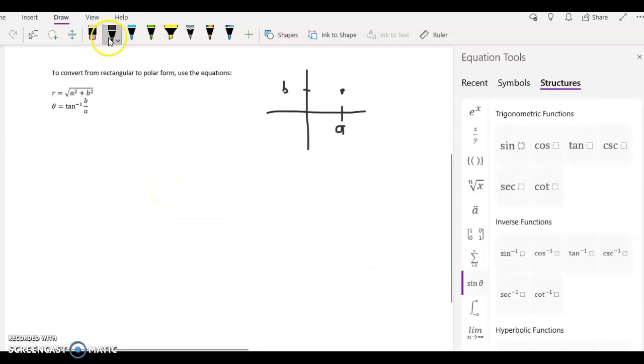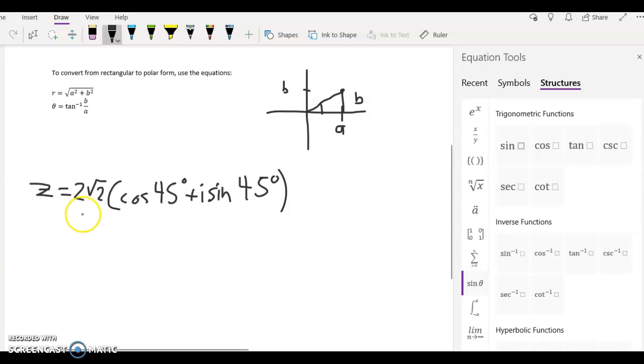So anytime we want to convert from rectangular to polar form with complex numbers, we can use the equations r is equal to the square root of a squared plus b squared, and theta is equal to inverse tangent of b over a, because the complex number format, a plus bi, gives us the real component, which is the horizontal distance, and the imaginary component, the b component, which is the imaginary distance, that forms that right triangle. The opposite side is obviously the b, the adjacent is the a. So using our Pythagorean theorem, we get the third side, and then by using the inverse tangent, we get the angle theta.